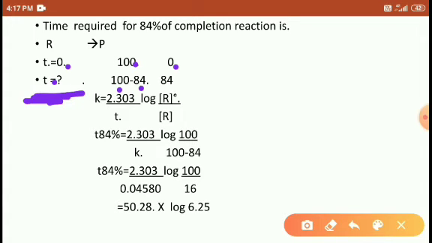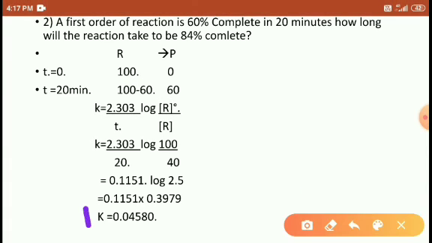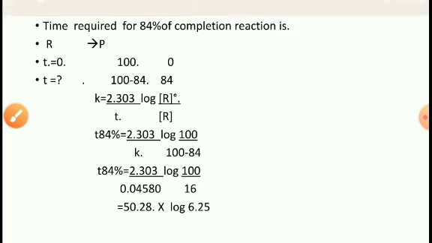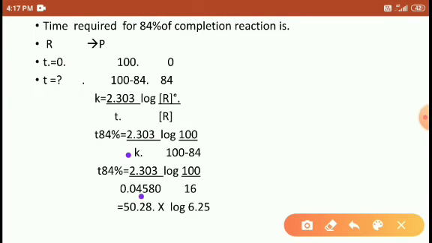So we have to find the time here. For 84%, the time is 2.303 by K, log 100 by 100 minus 84. The K value we already got here. The rate constant remains the same. This value I am substituting here. Right, students?